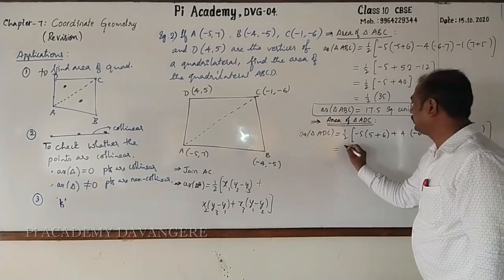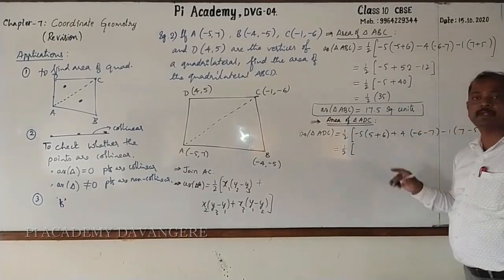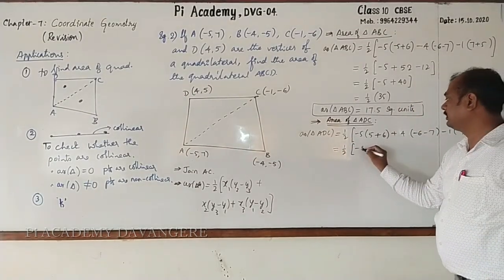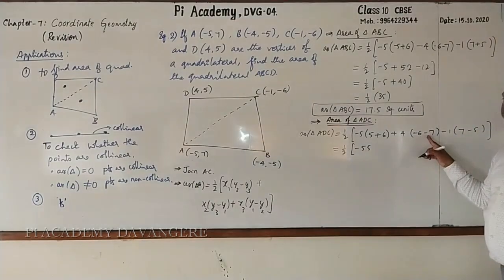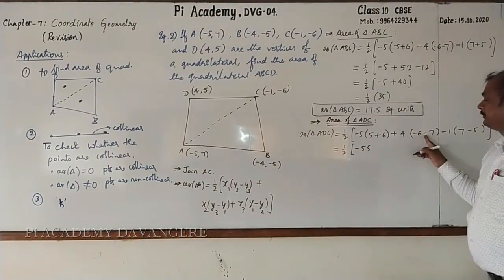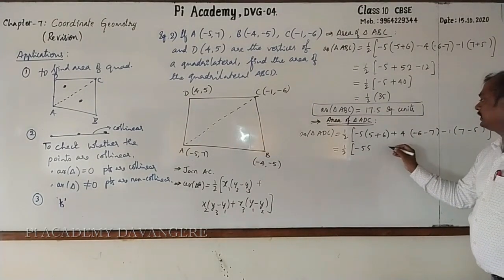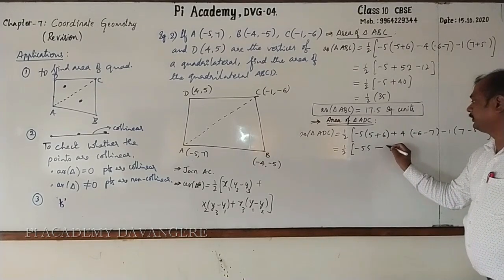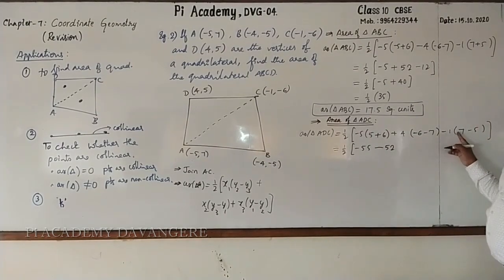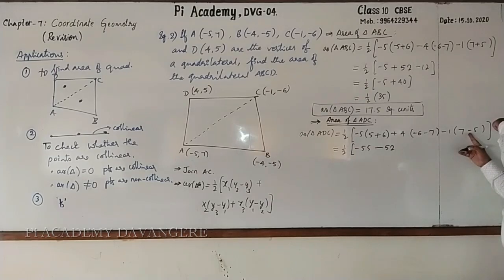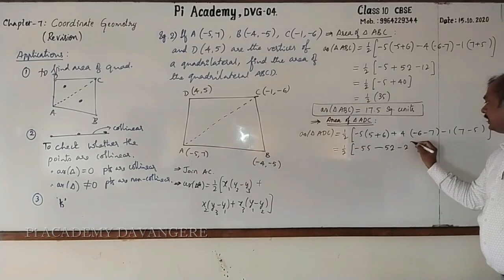Now this is equal to half into 5 plus 6, 11. 11 fives are 55. Minus 6 minus 7, minus 13. Minus 13 fours are minus 52. Then 7 minus 5, 2. 2 into minus 1, minus 2.